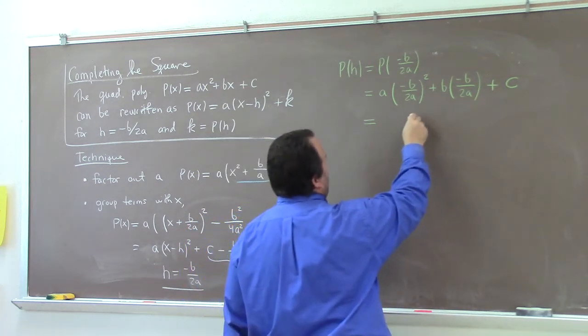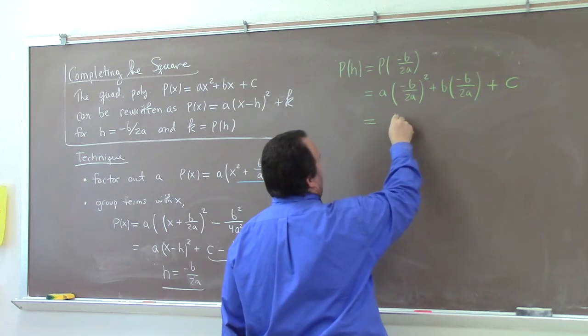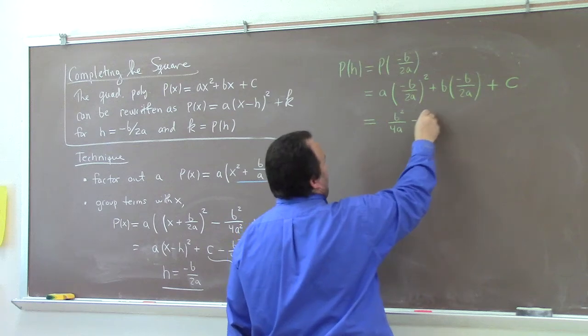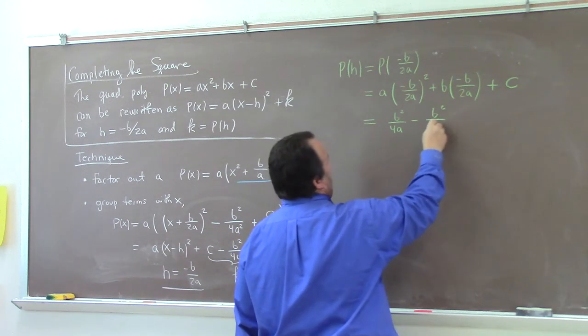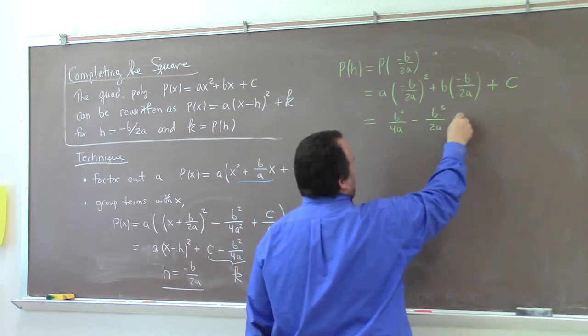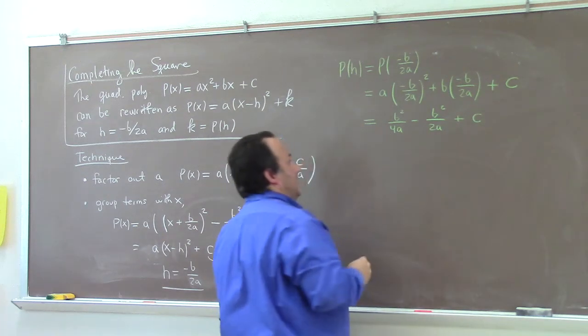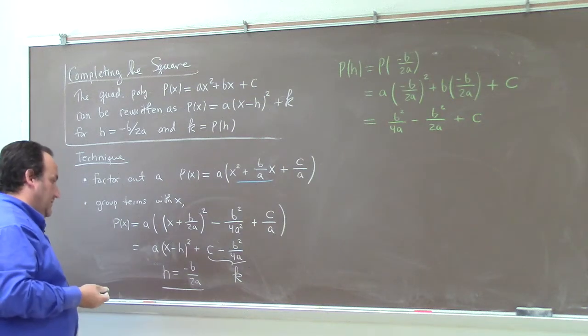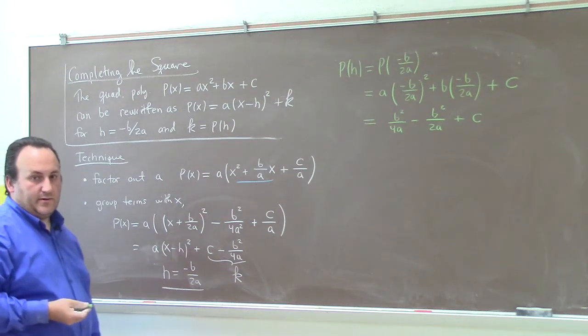This gives us b squared over 4a minus b squared over 2a plus c. What's a quarter minus a half? A quarter minus a half is negative a quarter.